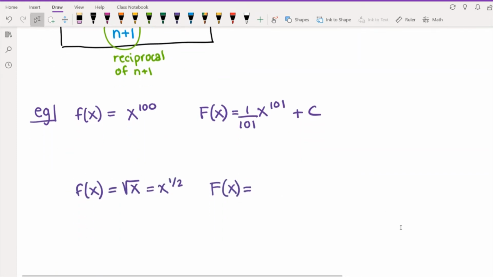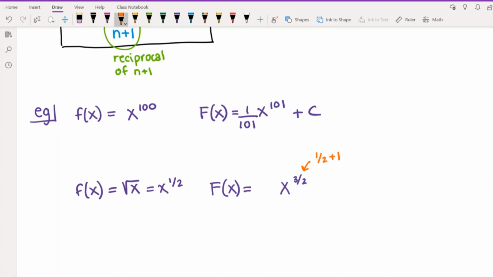I always recommend doing that first. Maybe just leave a space and first figure out what the new exponent is. So the new exponent is going to be 1/2 plus 1, which is equal to 3/2.